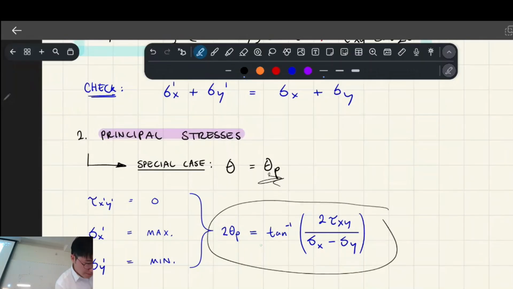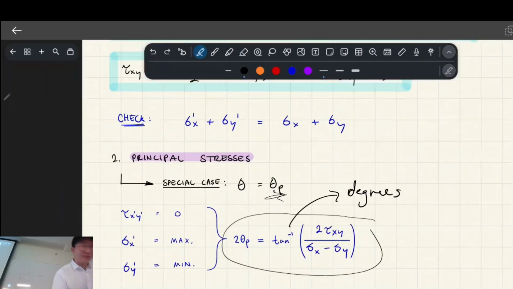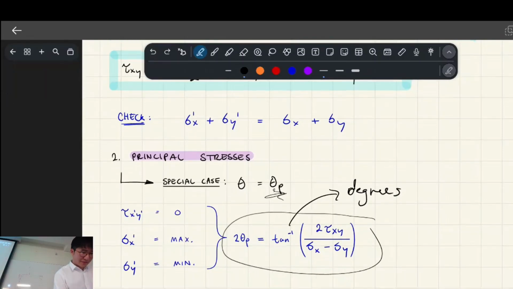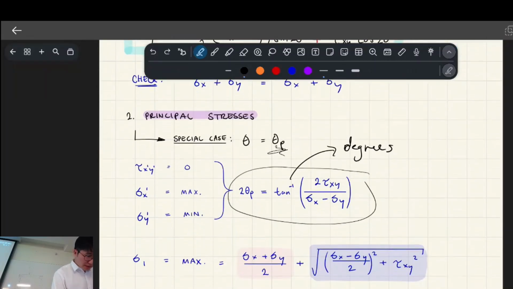Basically, you just apply this and make sure your calculator is set to degrees. You can plug in these values, and you'll get how much it needs to be rotated to get to the principal plane. It'll make more sense once we look at the example that I've got lined up.